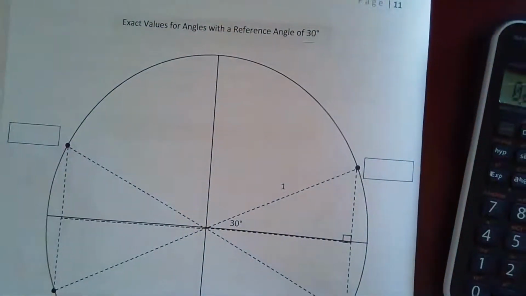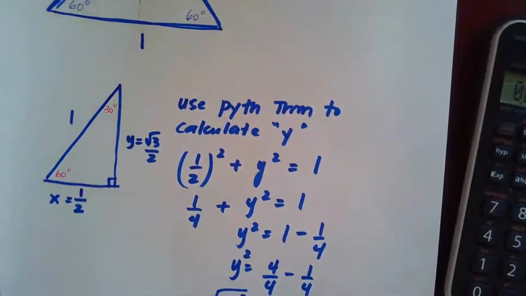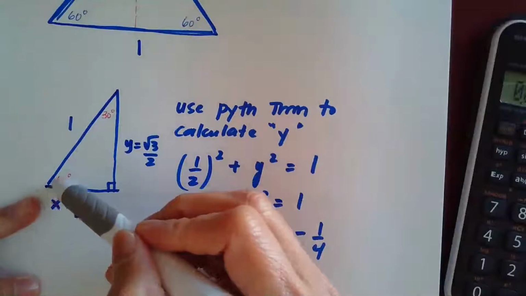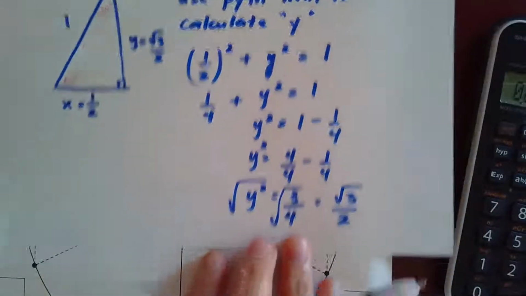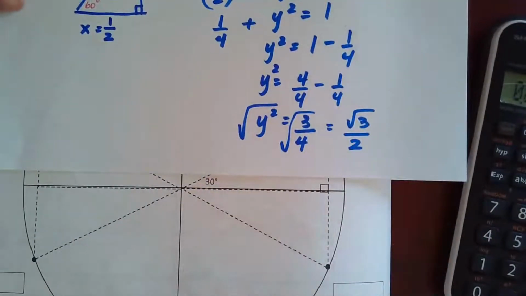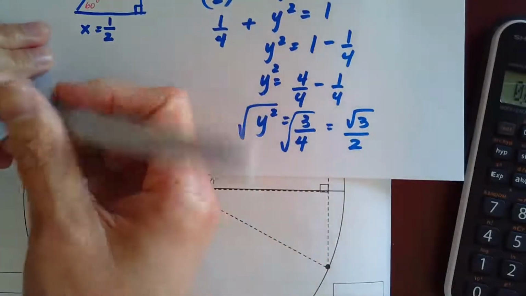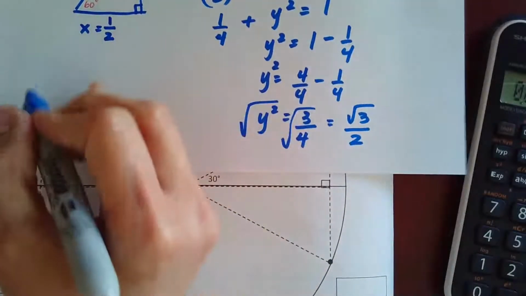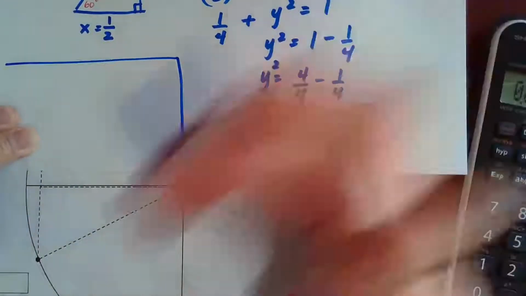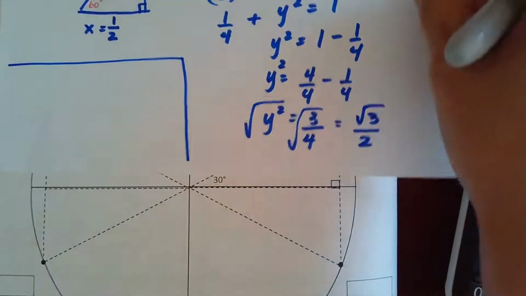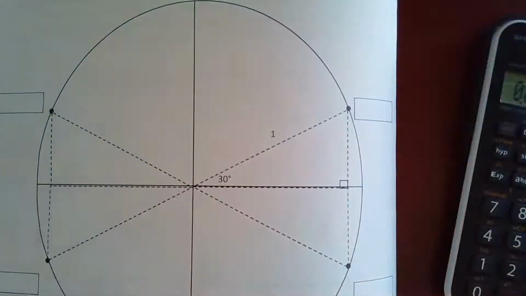Now I'm going to go back to page 11. So this is what we had earlier. Instead of having 60 degrees in here, I'm actually going to be using the 30 degrees. Okay, so I'm going to switch it around. I'm going to do it in a separate sheet of paper.